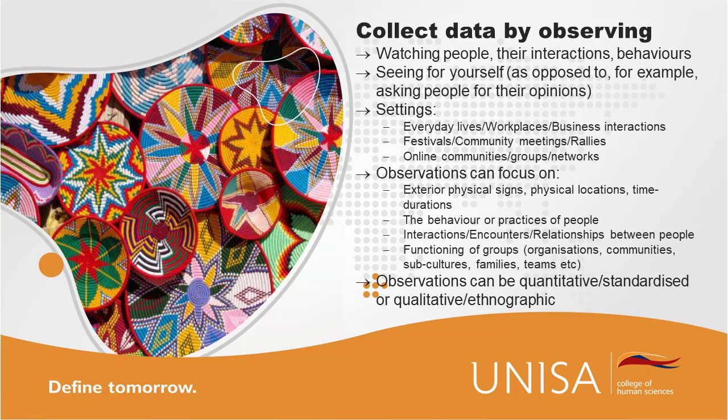So some aspects of social life that can be studied through observation, like some of the more obvious or regular ones, include when you want to understand exterior physical signs like clothing, expressive movements of the body, language, human behaviors and practices, certain lifestyles, specific encounters and interactions between people, social, personal, and professional relationships between people, the functioning of groups like organizations, communities, subcultures, teams, families, and so on.